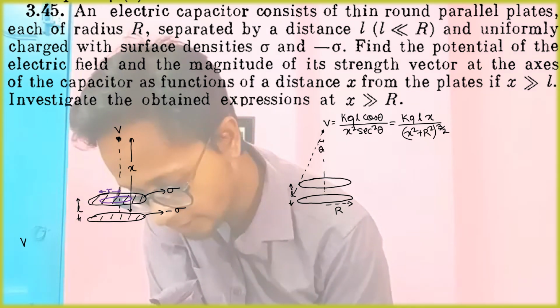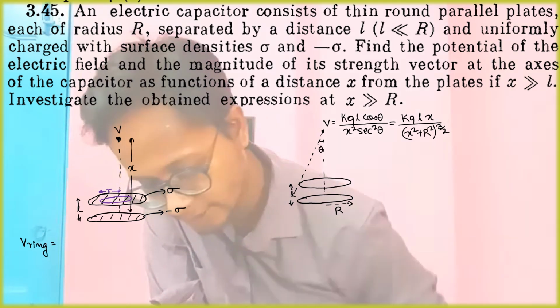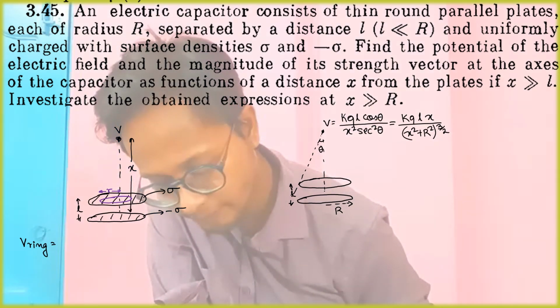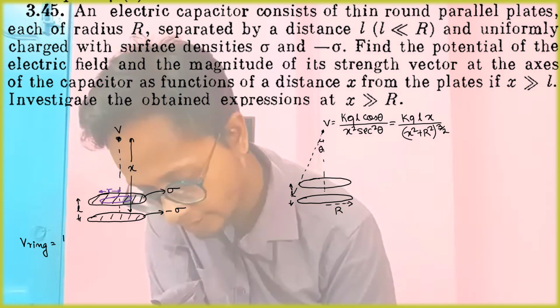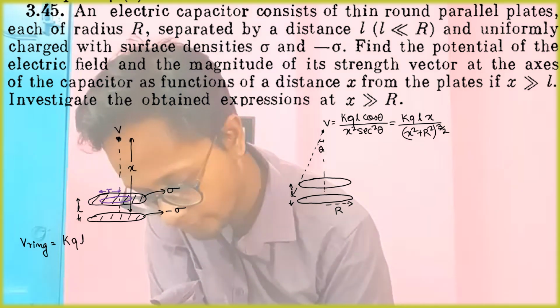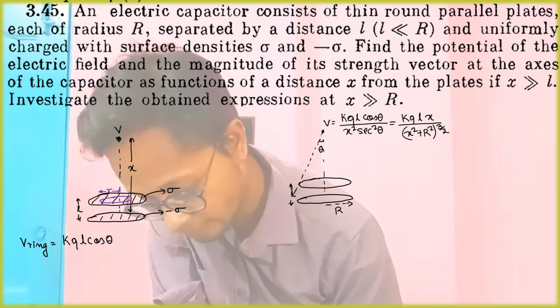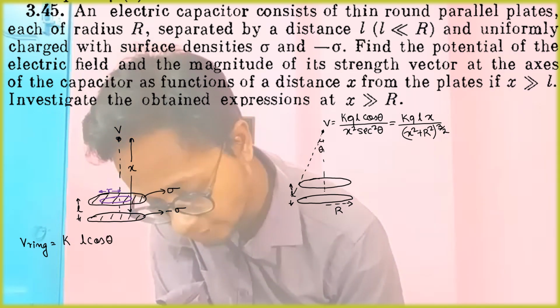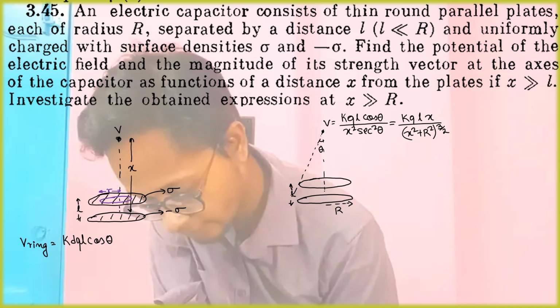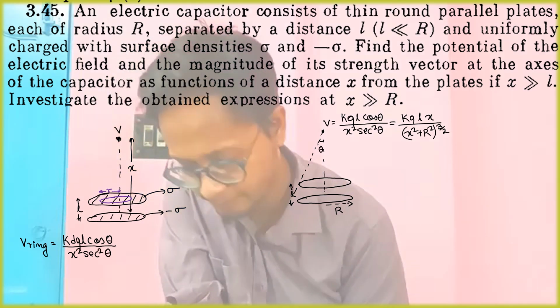I have to use the same formula, which is k dq l cos theta by x square sec square theta. Here dq is the charge of the elemental ring.